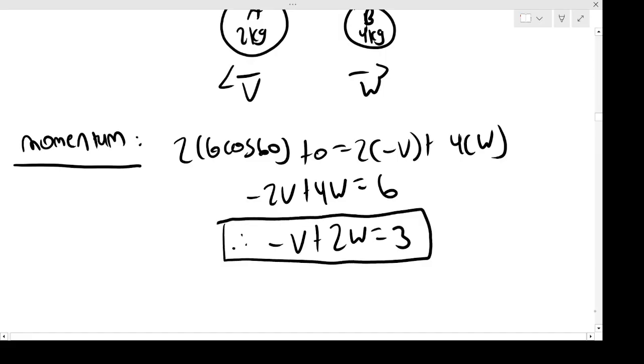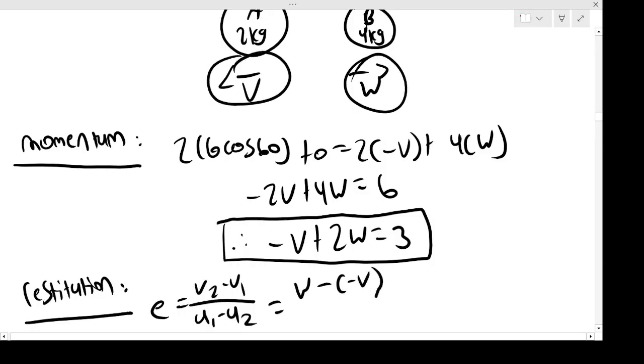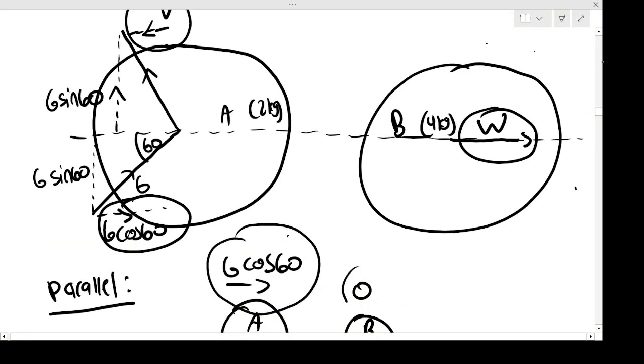Then I'm going to do restitution. So restitution, that's going to be E. Again, that's V2 take away V1 over U1 take away U2. So it's going to be W take away minus V, over U1 take away U2, where it's just going to be 6 cos 60 take away 0.